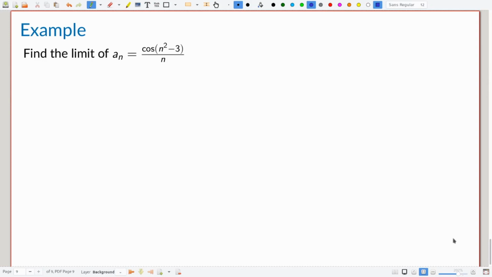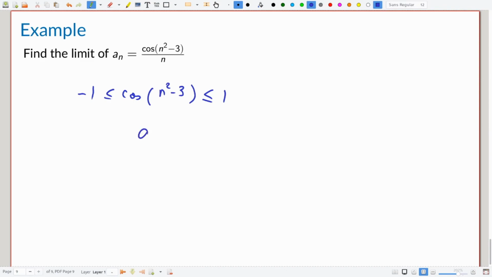Let's use the squeeze theorem again to find another example. Right? So here this thing looks terrible, this cosine n squared minus 3. But the nice thing is that we know that cosine of anything is between minus 1 and 1. I started to put my fraction in the wrong place. Right, that guy is between minus 1 and 1.